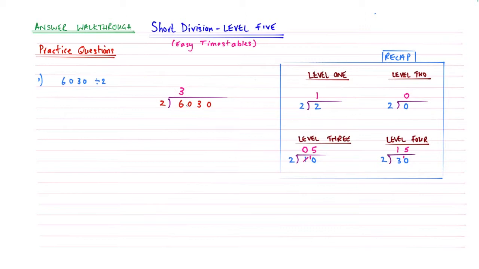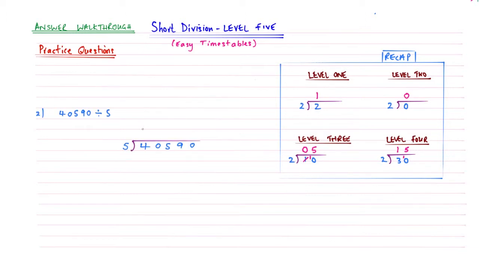Well, that's from level 2, so that's going to be a 0 there. How many 2's go into 3? Well, that's 1. Then there's going to be 1 left over, so we carry that through to the 10. We read that as a 10, remember, and then 2's into 10 go 5. So this is where we get our answer as 3015. That's practice question number 1.